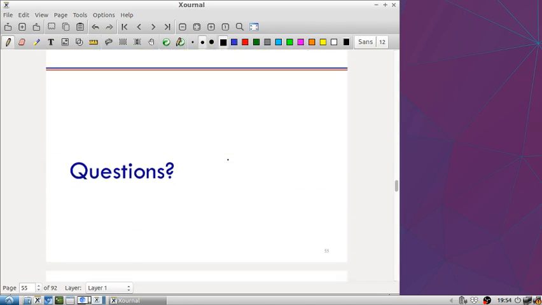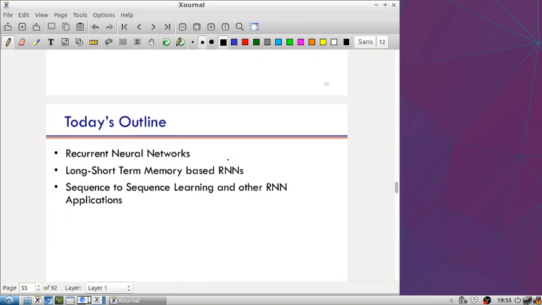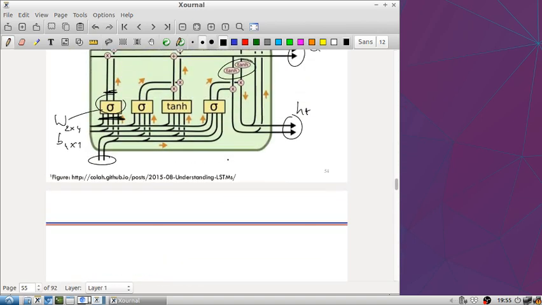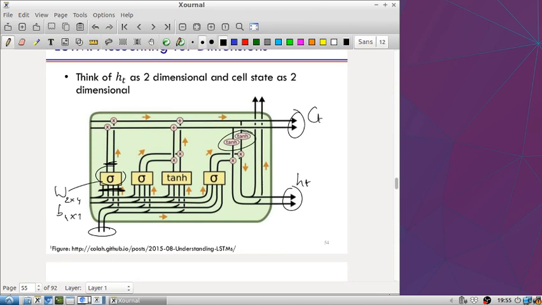Any questions about LSTM? I know I've been asking questions. It was clarified last time that it was an element-wise operation, not a layer. The last step is you just want to modulate what part of ct you want to call ht as an output.